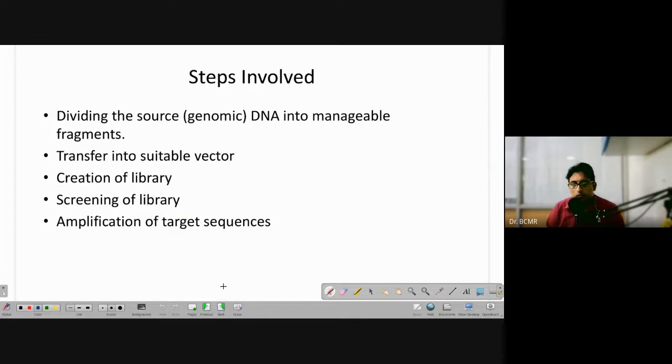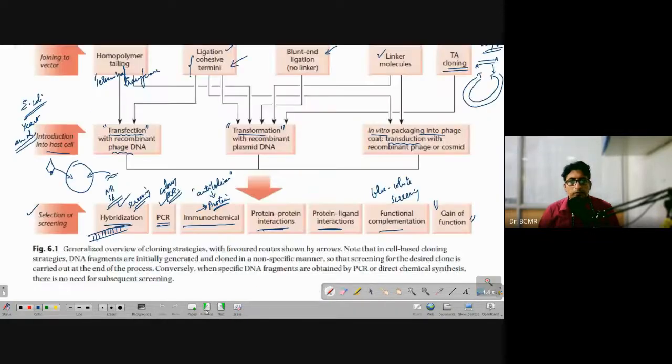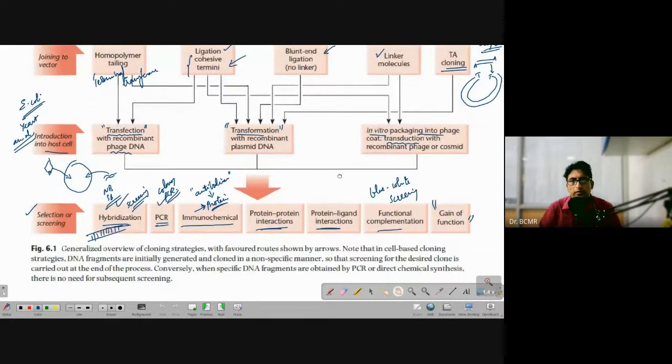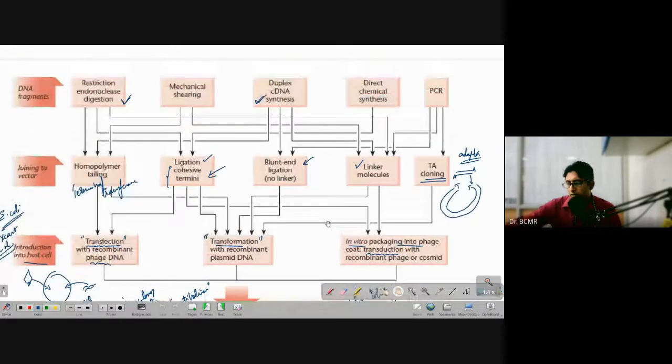Okay, so why we are discussing all these things is, if we did not have any sequence information, say all we know is a phenotype and no sequence information, how can we get the gene for it, right?